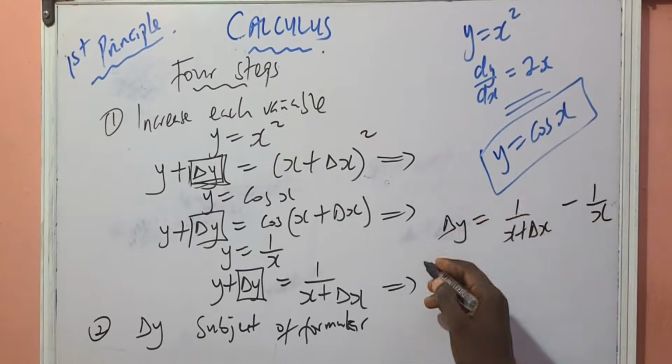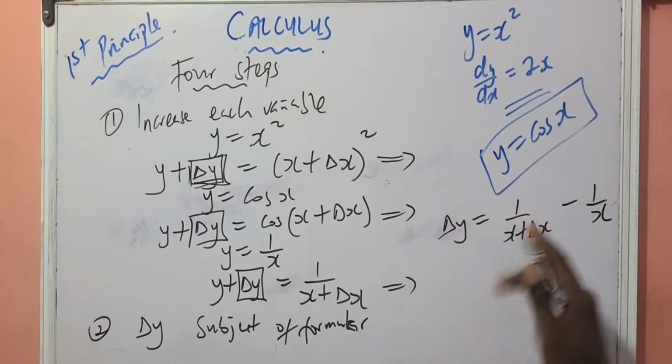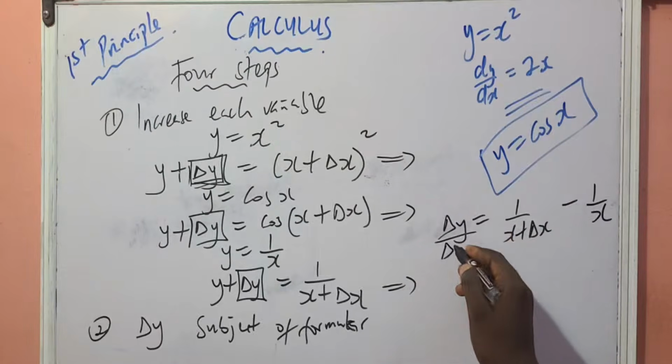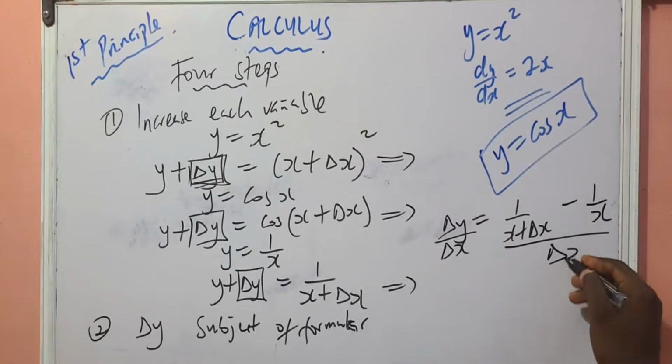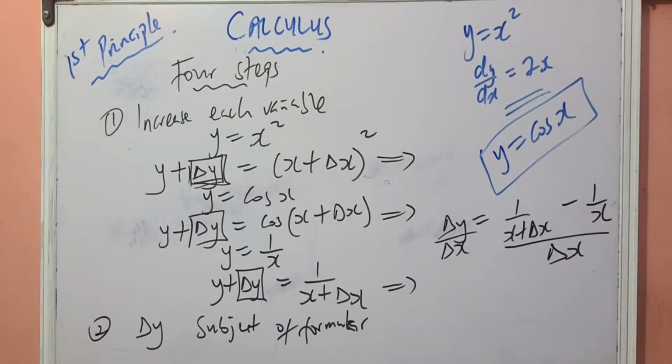That means the left-hand side and the right-hand side, you want to divide through with change in x. That's step number 3. After making the y subject of formula, then you divide both sides by change in x.